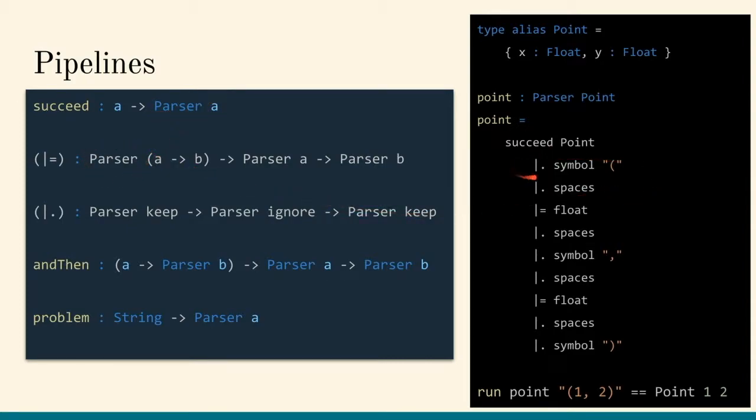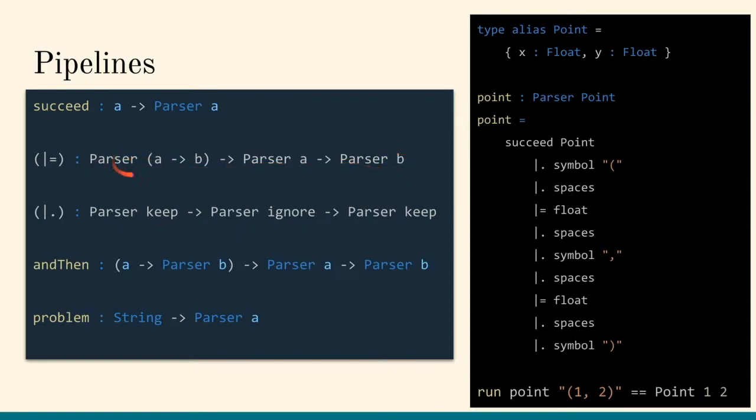Remember, for the ignore outline, we ignore that, so get rid of that, doesn't matter. More interesting is the keep outline function. We pass two parameters: parser of something, parser of other thing. We get parser of a third thing.